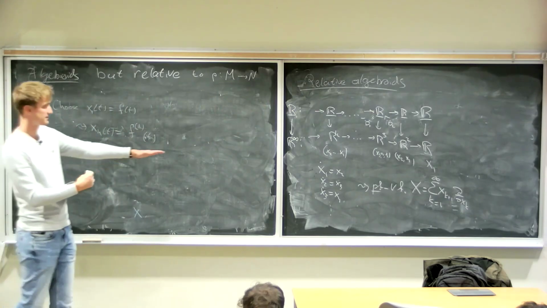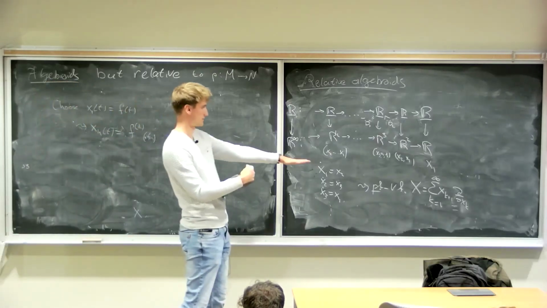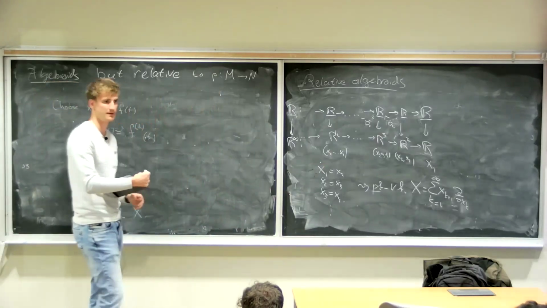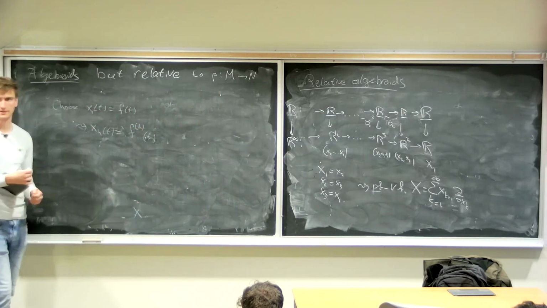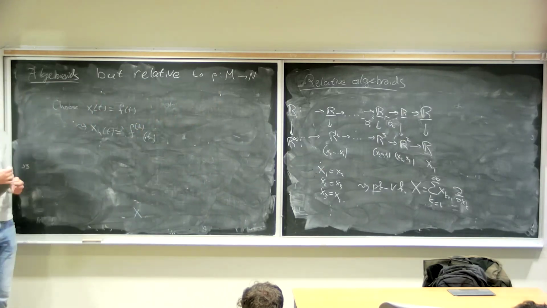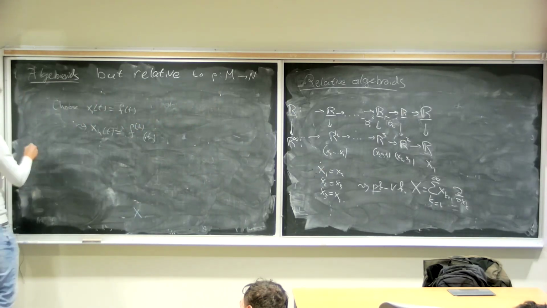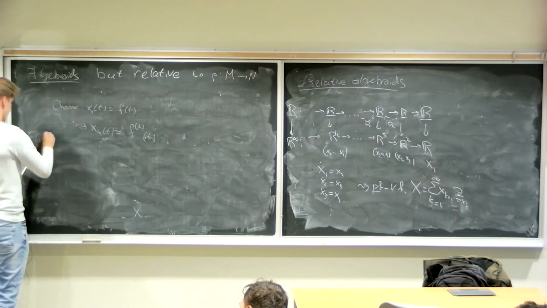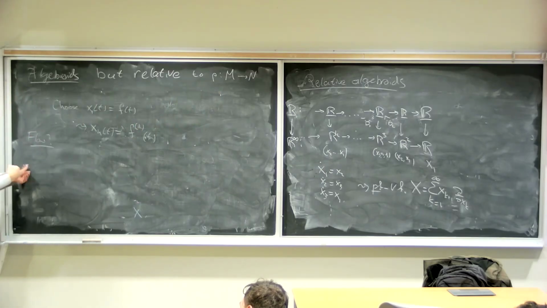This is a vector field, so what's its flow? This could maybe hint to a groupoid, right? It's a little hard.